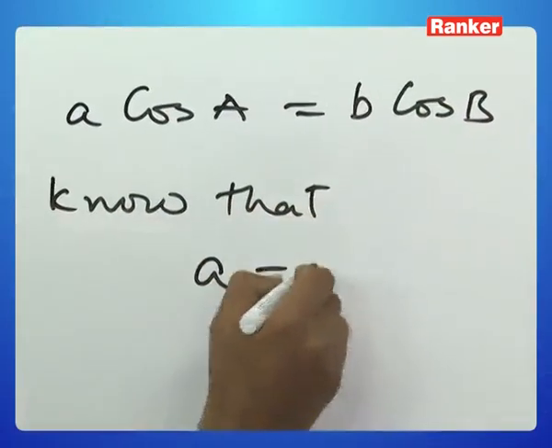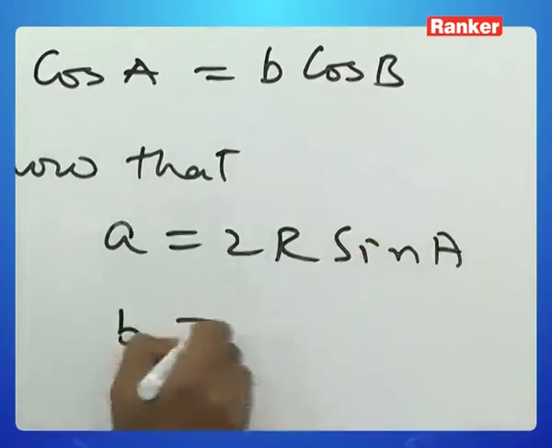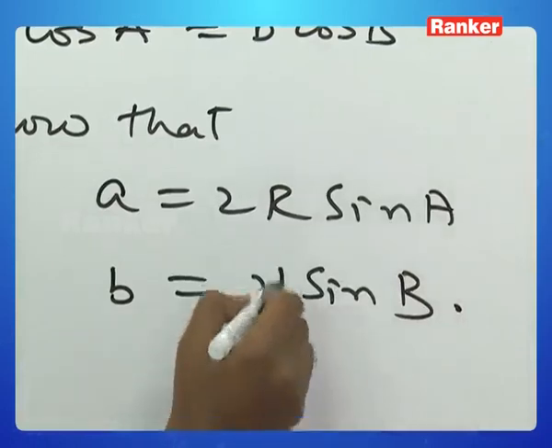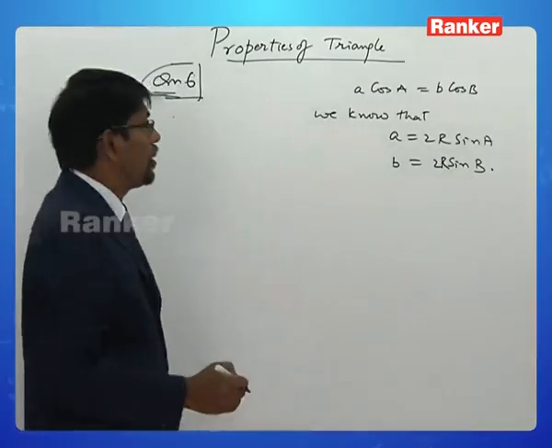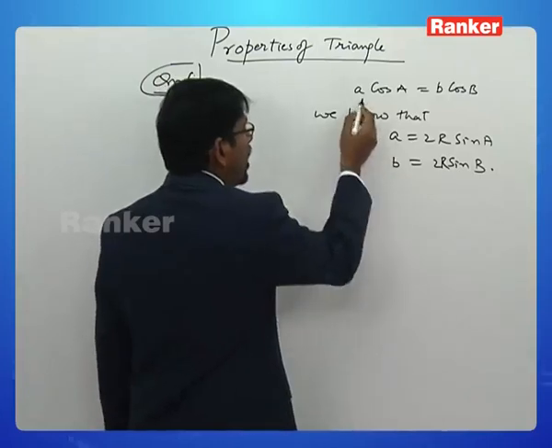a is equal to 2R sin A and b is equal to 2R sin B. This is by sine rule. So we will use those values here.